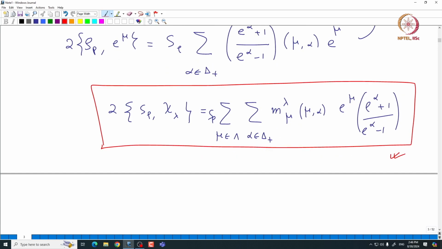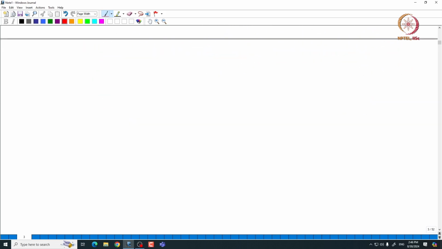Now using all these formulas we are going to verify the Weyl character formula from the Freudenthal formula. For that purpose, let us recall what the Freudenthal formula is and then modify it accordingly. So let us recall the Freudenthal formula.